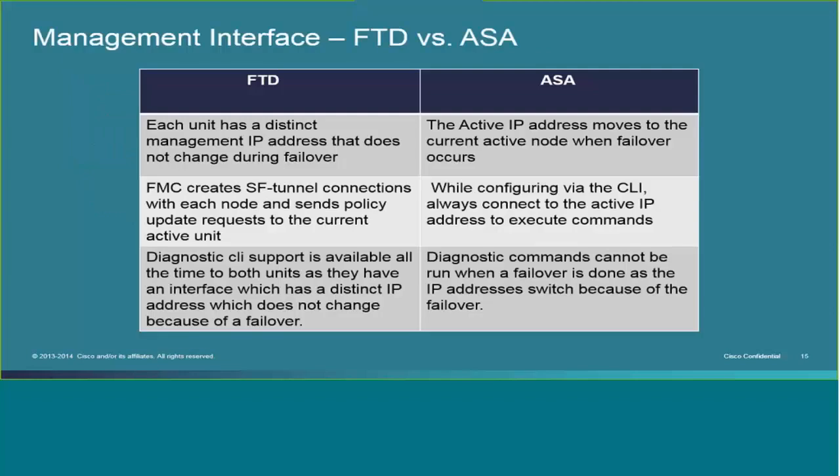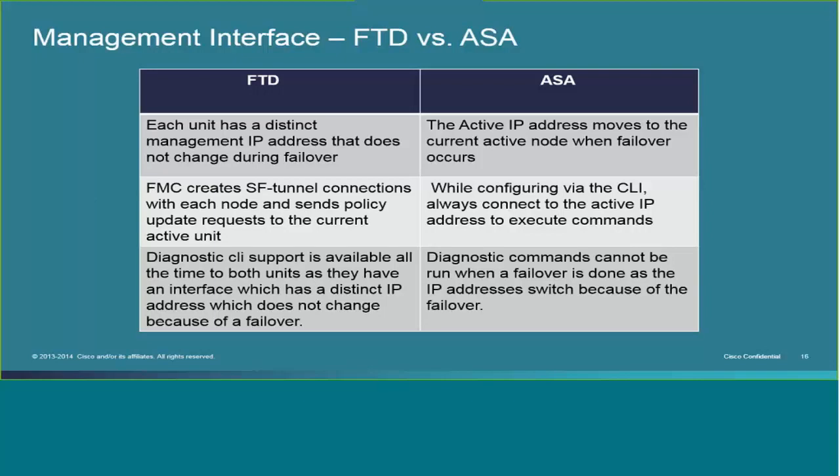Taking into account the differences: as I've mentioned before, FTD has a management IP which always remains with the same box. A primary box will always have its management IP, and it will not change irrespective of the failover or the state of the box.